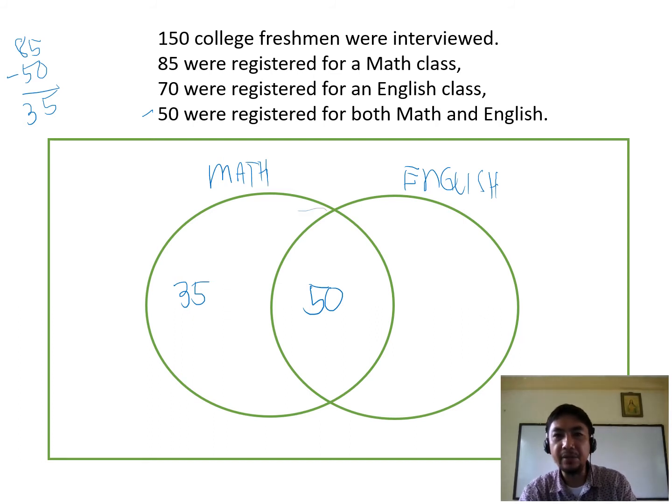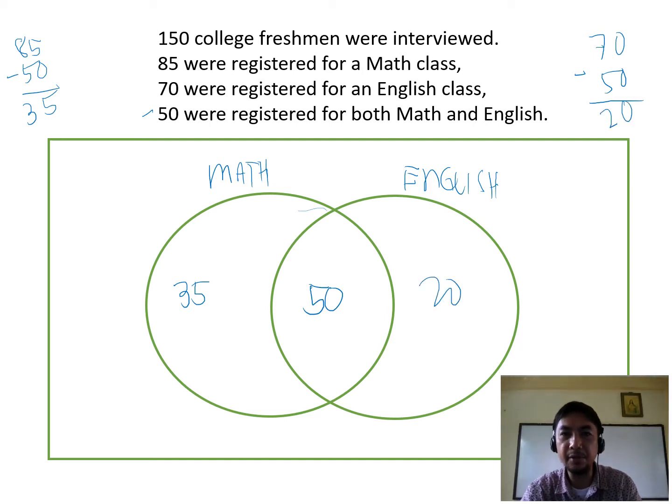For the English, we have 70. I-minus natin yung 50. So you are given 20 freshmen registered for an English class only.